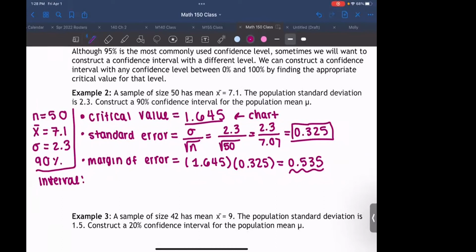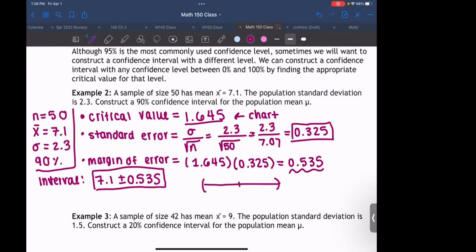What would be the first number? Awesome, right? So the point estimate or the sample mean goes first. That's the base point of our estimation. And then we're adding and subtracting the margin of error. Okay, so this is one way we can write it. Then the other way we can write this is add 0.535 and subtract 0.535 to 7.1.